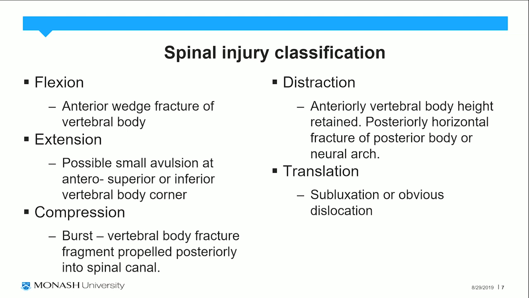And distraction injuries, as anterior vertebral body height remains intact. However, the posterior horizontal fracture of the posterior body or neural arch can occur. With translation mechanism of injury, you should suspect subluxation or an obvious dislocation.